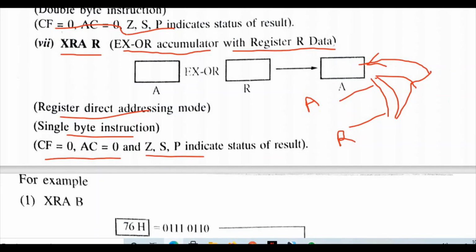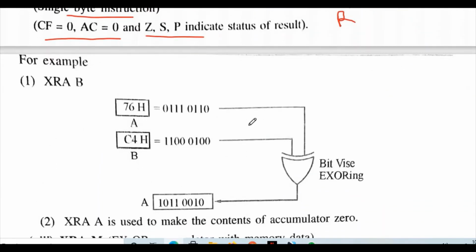7 is 0111, 6 is 0110, C is 1100, and 4 is 0100.